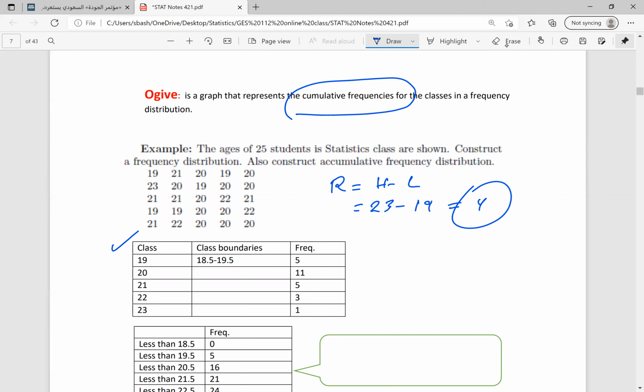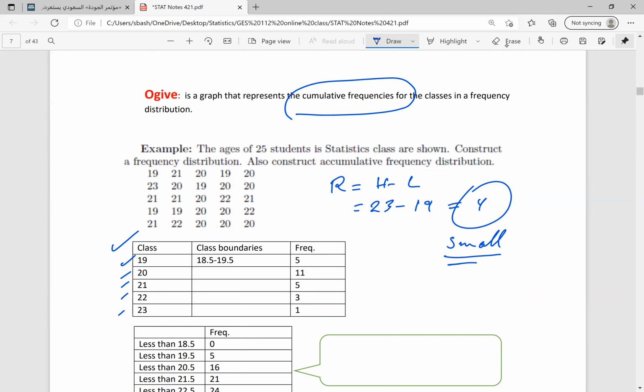That's why we are not using a grouped frequency distribution, because the range is very small. If we have a small range, we use categorical, not grouped. I have only a few items, I can list them, and these are 19, 20, 21, 22, 23.